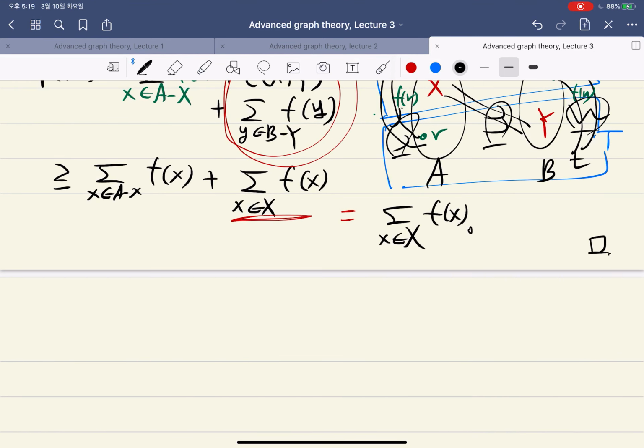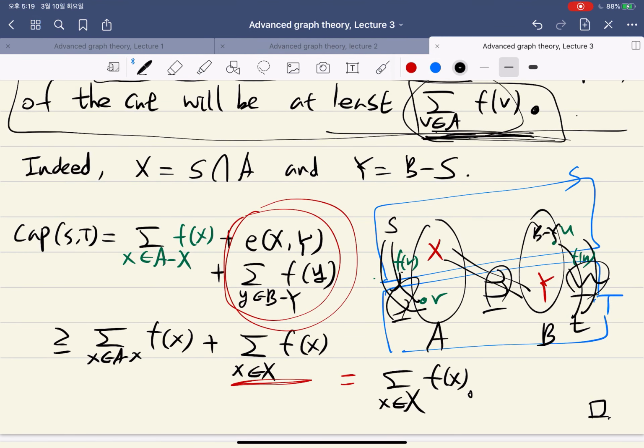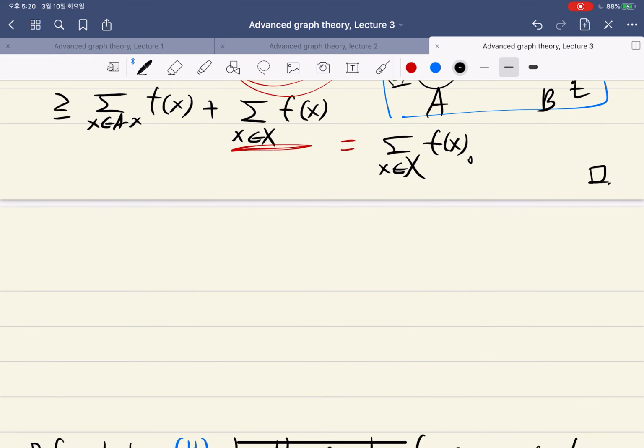So this shows the theorem. So like this, the flow theory can be applied to many problems in discrete mathematics or in graphs. Using this flow integrality theorem, if you have an integer flow, then it could have many combinatorial meanings.